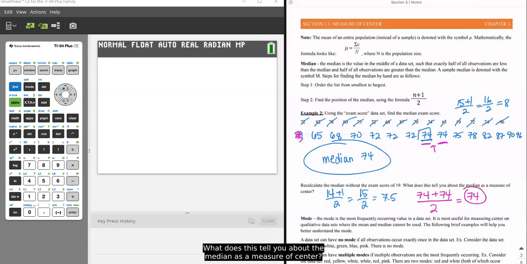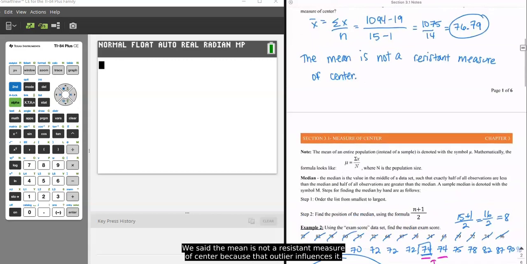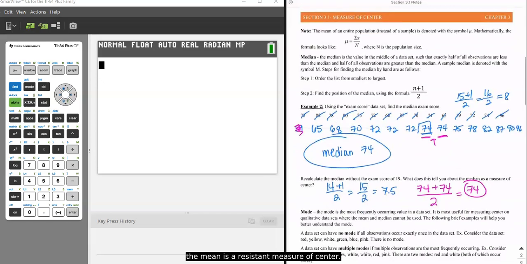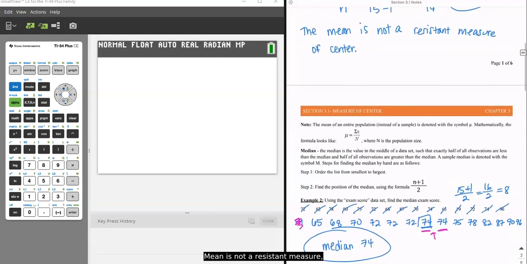So what does this tell you about the median as a measure of center? If we recall our last example, we said the mean is not a resistant measure of center because the outlier influences it. However, the median, since it's based on position, is a resistant measure of center. So the mean is not a resistant measure.